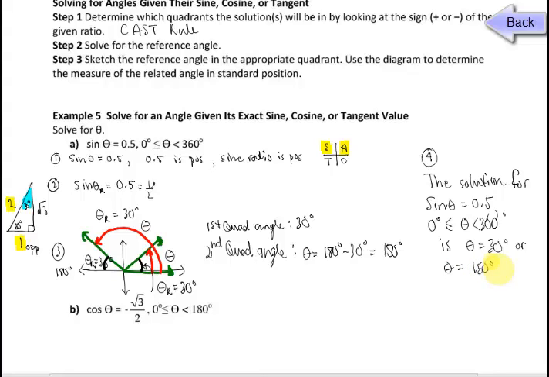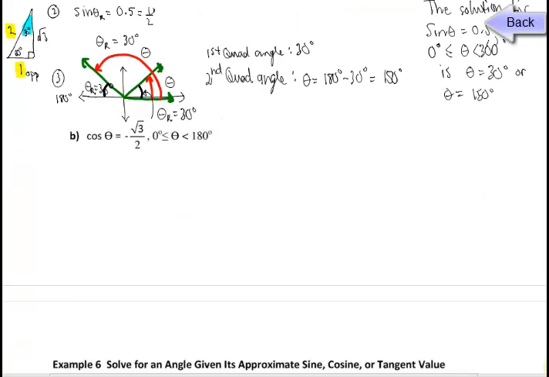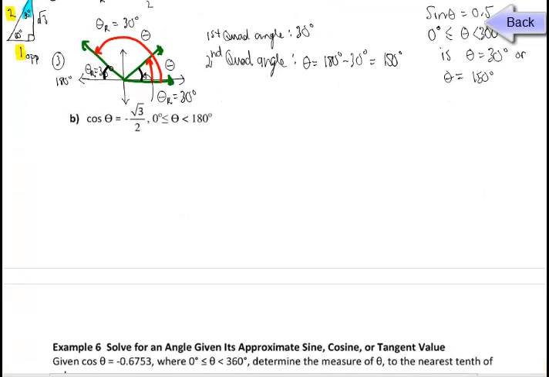Okay, so that one is now solved. So now let's take a look at our next example, B. We are asked to solve cos of theta equals negative root 3 over 2.